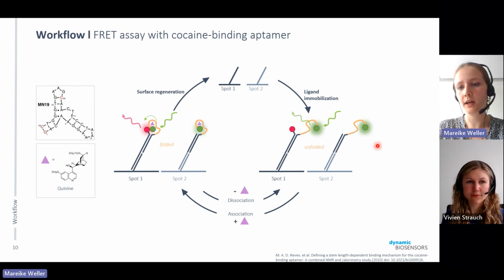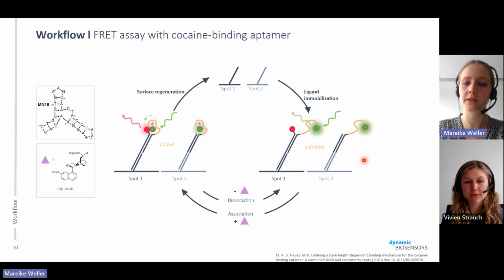On spot 2, you see that the red dye is missing. This was done for the purpose to see if just the interaction itself, for example, the small molecule that we here chose to be quinine, has some effect on the dye itself during the pure kinetic fraction of it.